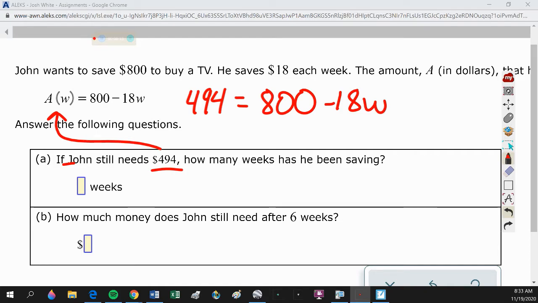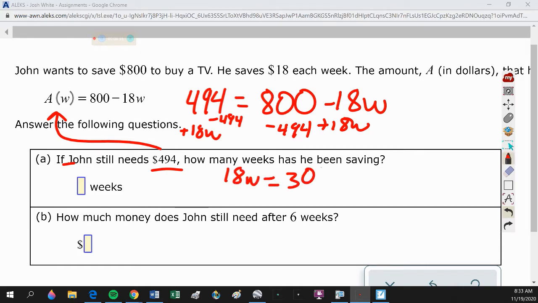How do we solve that? Add 18W and subtract 494. So 18W equals 306.